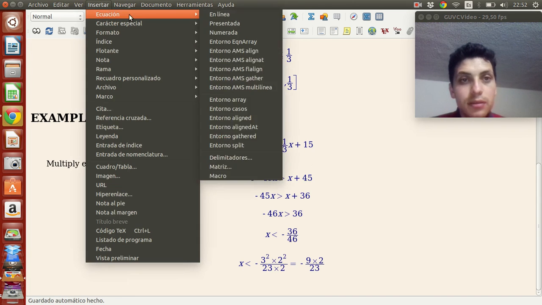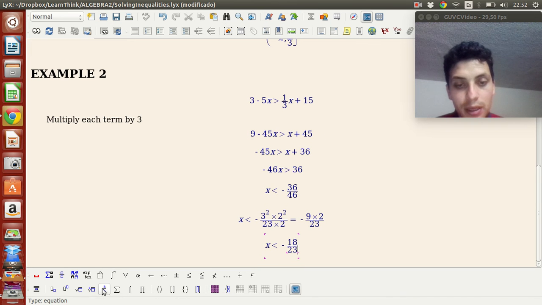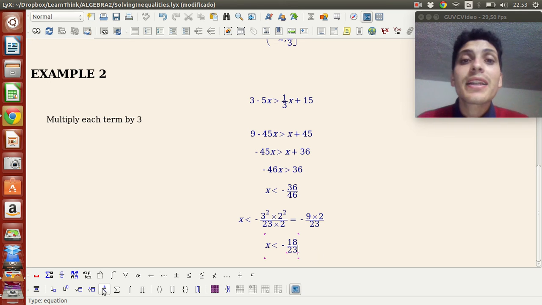And we have x less than negative 18 divided by 23. So this is our answer using inequalities.